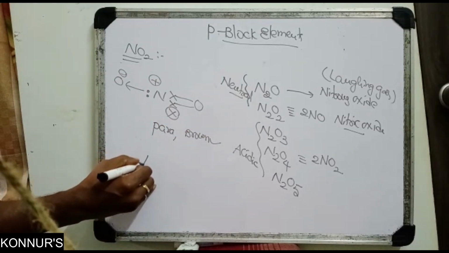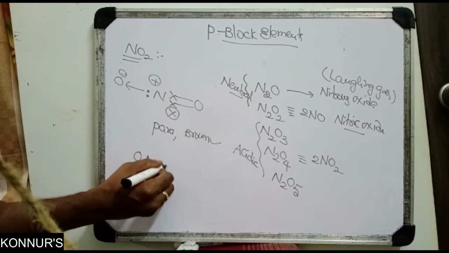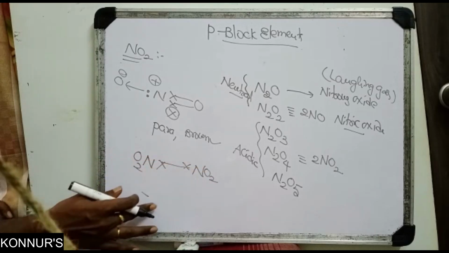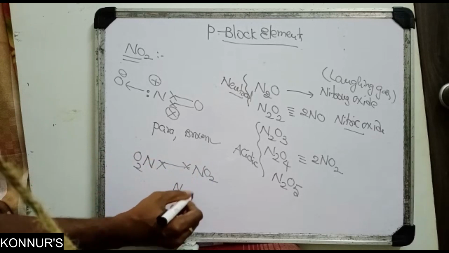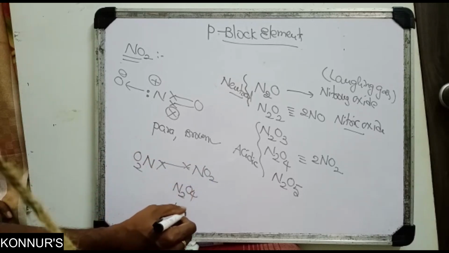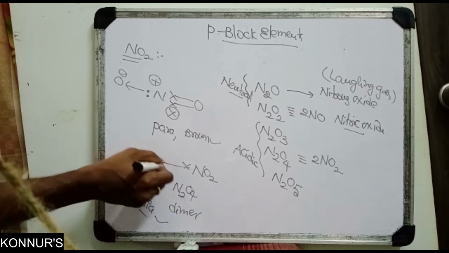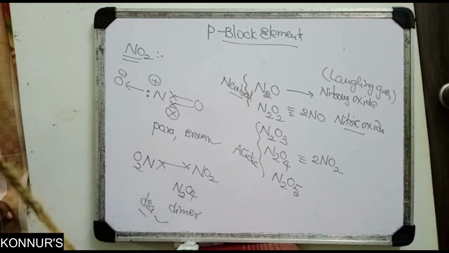Suppose NO2 has a single electron, another NO2 has a single electron, and both combine. So you get N2O4 as a dimer, and it is diamagnetic because the single electrons are combined.